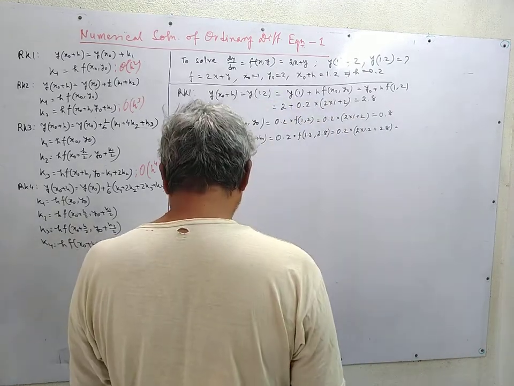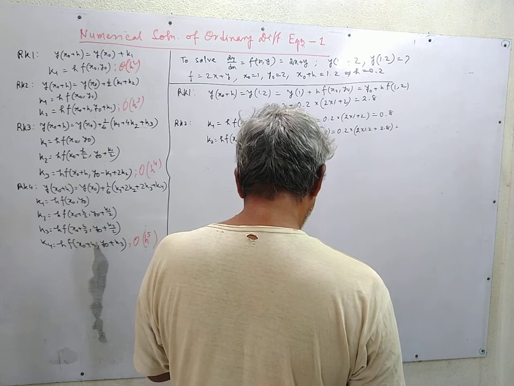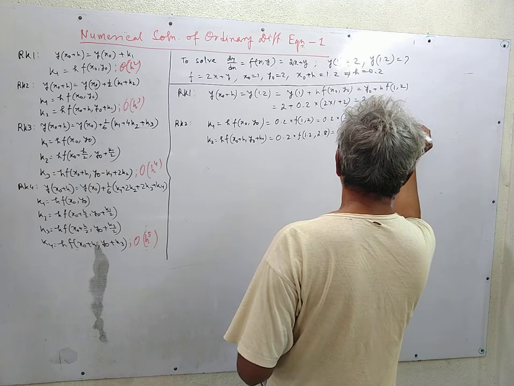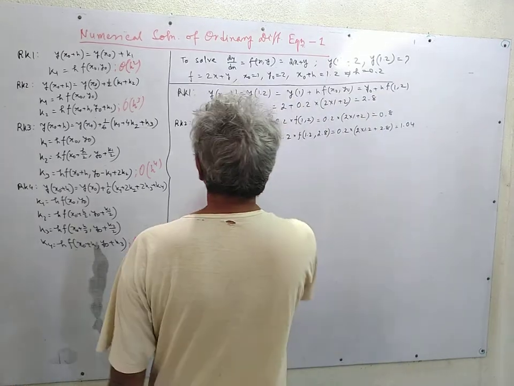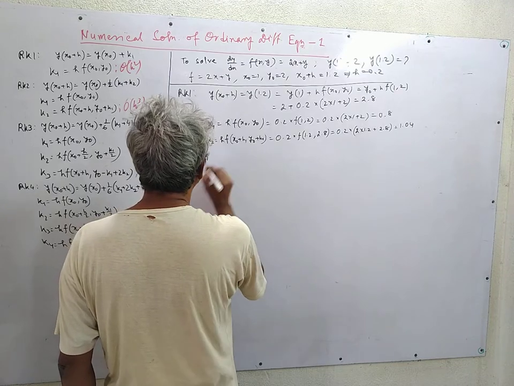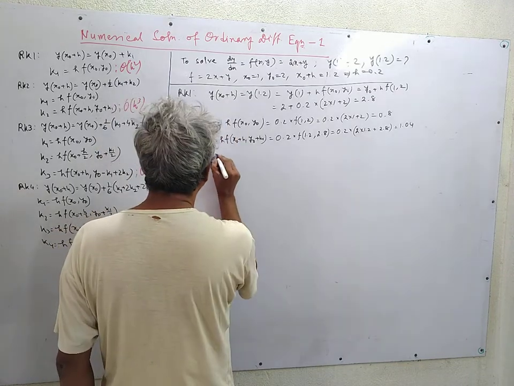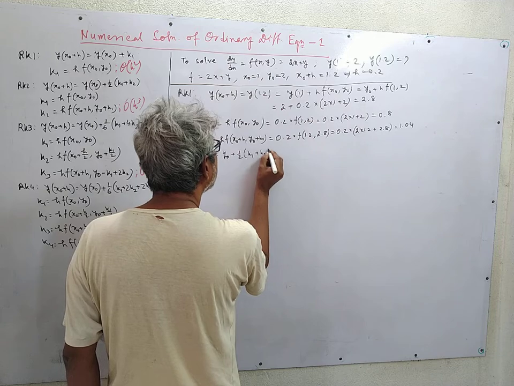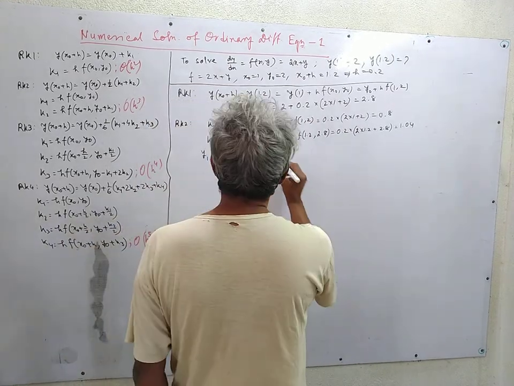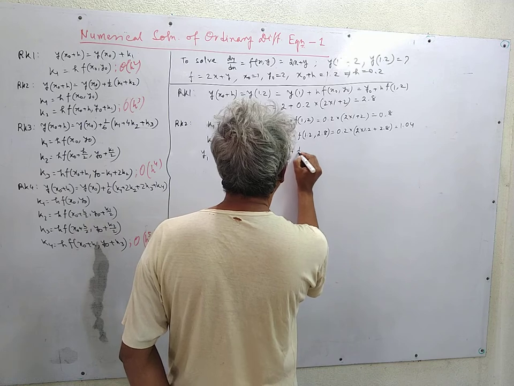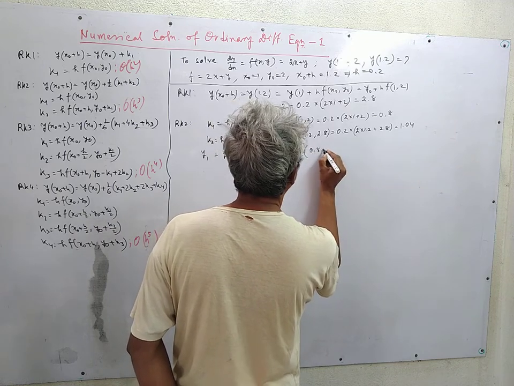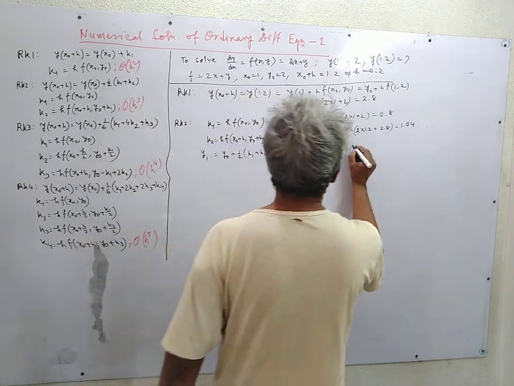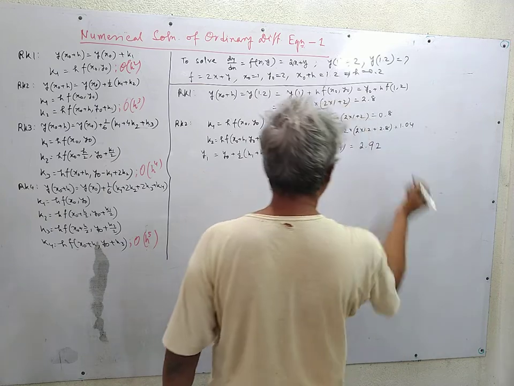On actual calculation, this comes out to be 1.04. So y1 as per the Runge-Kutta method is equal to y0 plus half of k1 plus k2. So y0 is 2 plus half of k1 plus k2, where k1 is 0.8 and k2 is 1.04. On calculation this becomes 2.92.